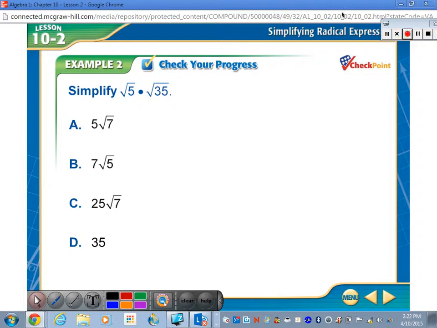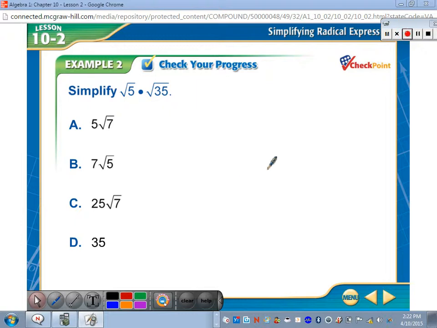Okay, now this particular one, what we're going to do here is I'm going to break it down. So I'm going to do 5 times 35. And if you'd rather pause and work on it yourself, please go ahead. Pause right now, work on it, and then replay. So I have 5 times 7. The 5 times 7 is the 35. Okay.